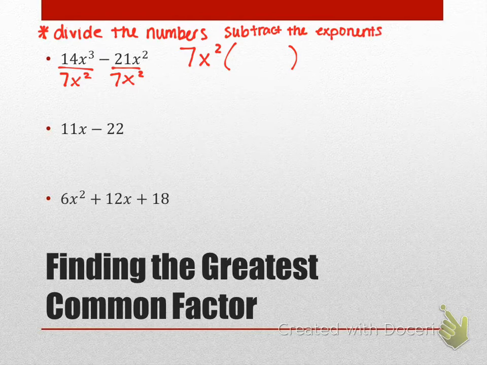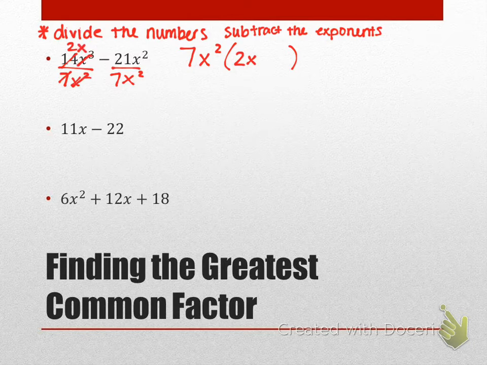Divide the numbers, subtract the exponents. So I'm going to do 14 divided by 7, which is what? 2. So there's my first number. And I subtract the exponents. 3 minus 2. How many x's am I left with? 1. So 2x. See how that's my new first term? Divide the numbers, subtract the exponents.